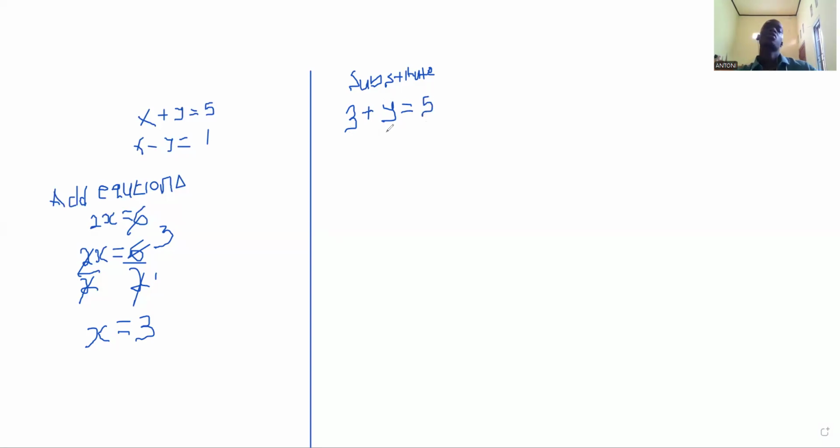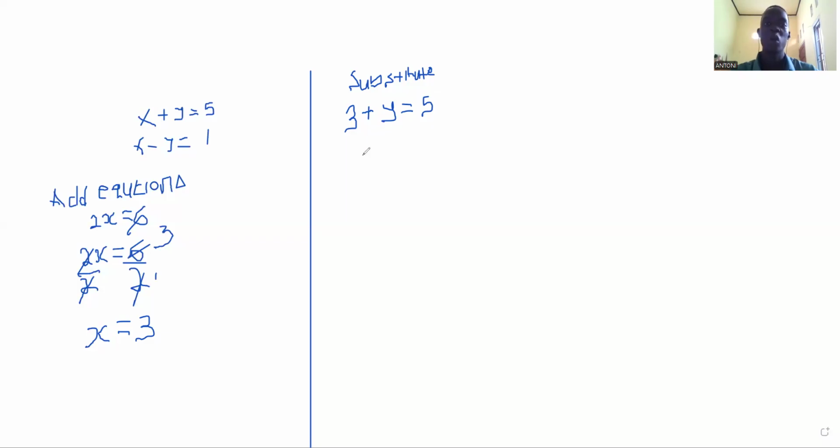We substitute where there is x with the 3. In this equation, we don't know y, and to get y, what we do here is subtract 3 from both sides.